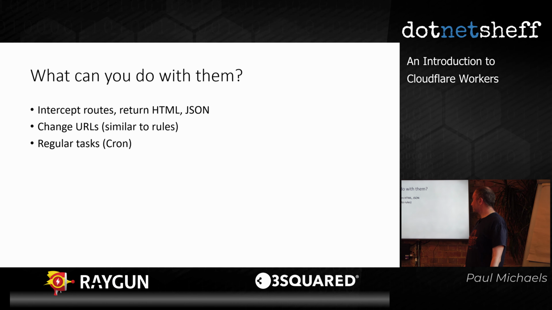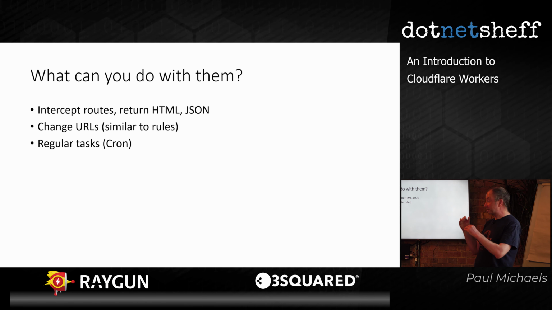There's a few things that you can do with them. Essentially, you can put them in front of a route, so you can go to my endpoint, and then you can force it to return a specific URL or HTML. You can do something that's similar to rules, so you can send it to somewhere else instead of sending it to the place that it thought it was going.